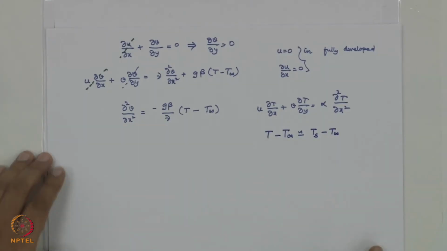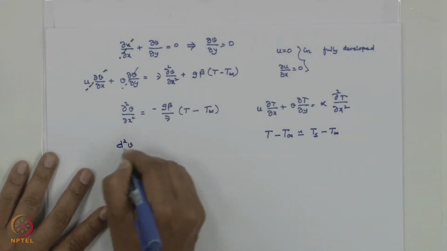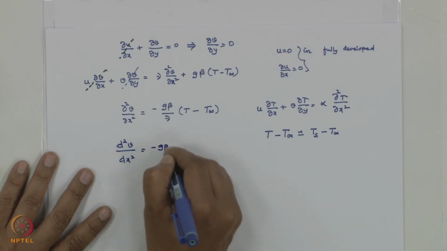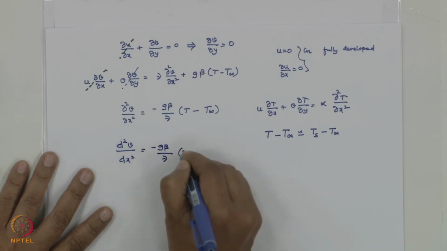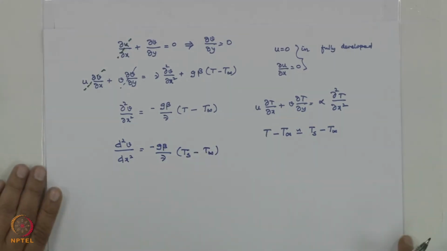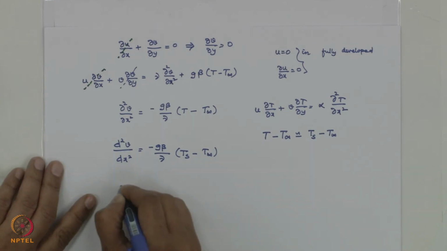Then there will be only one unknown: d squared v by dx squared equal to minus g beta by nu (Ts minus T infinity).